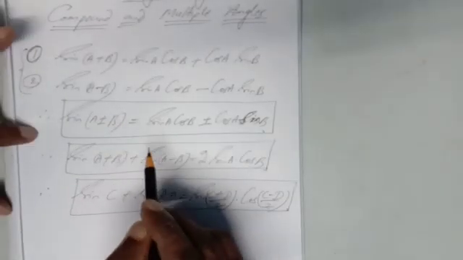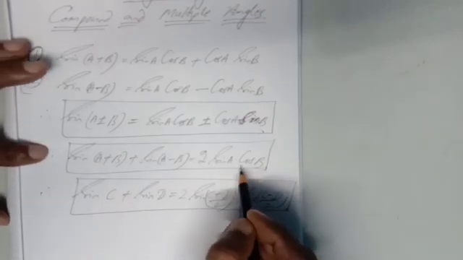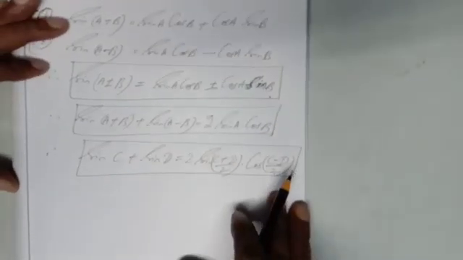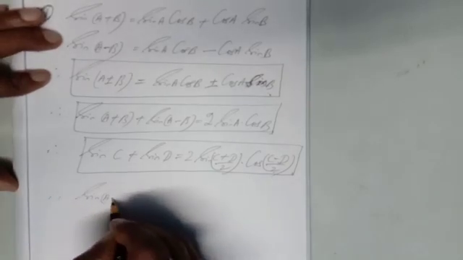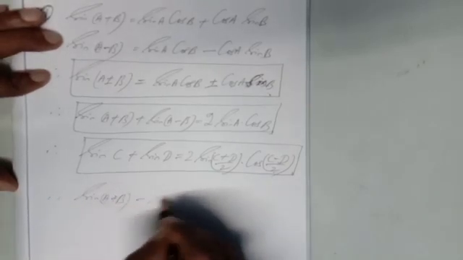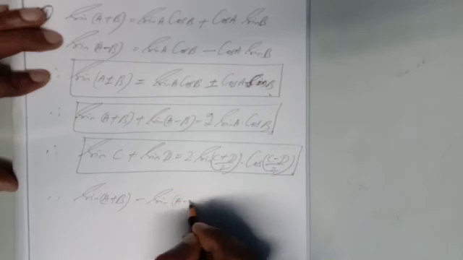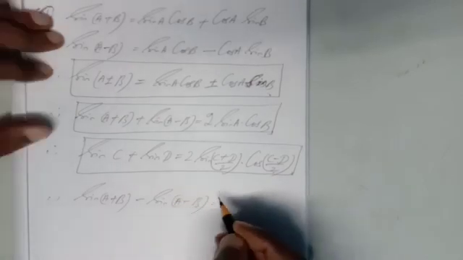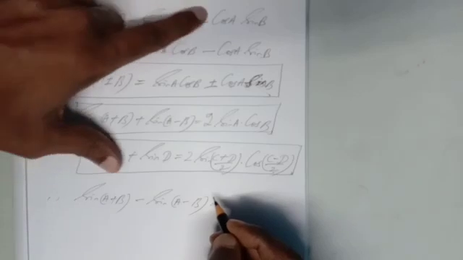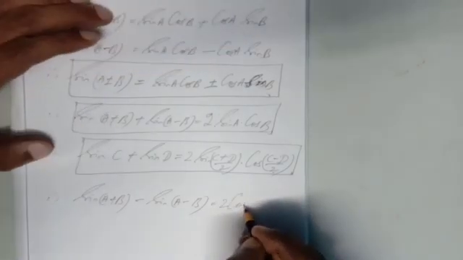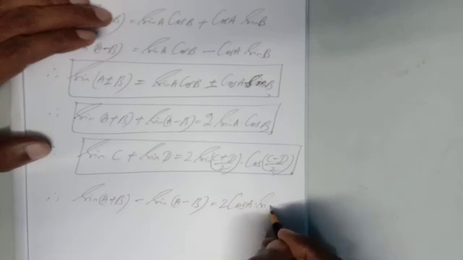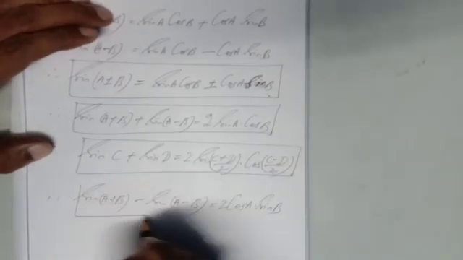If I add, you will get 2 sin a cos b, and if you subtract, let us see: sin a plus b minus sin a minus b. If you subtract, the first part will be cancelled, and the second part will be 2 cos a sin b. This is also a new formula you are getting.